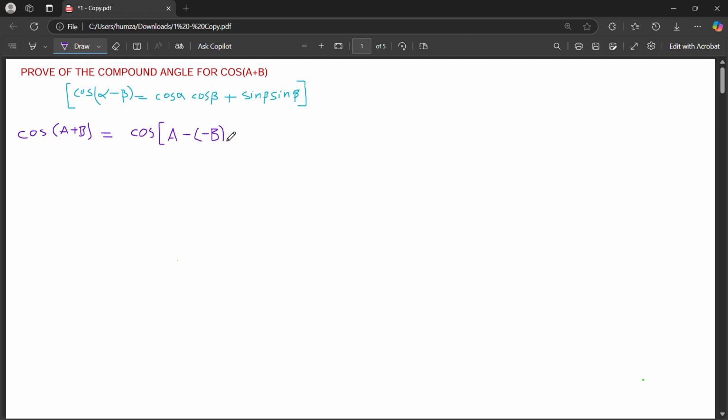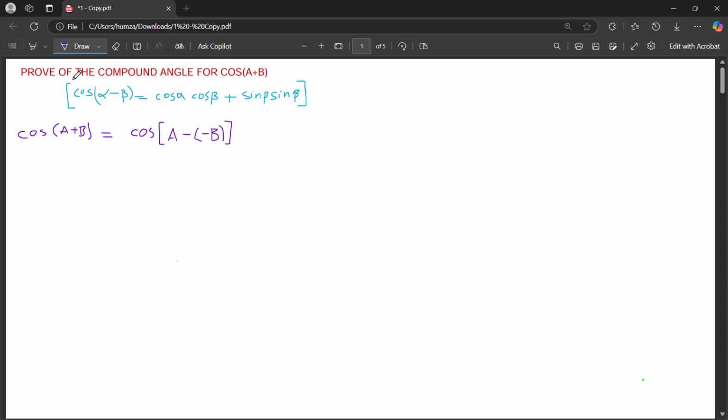This is the same thing, but we have just written it so that it looks like this. So we can use this formula, or rule, to prove the compound angle. So this is the first step.